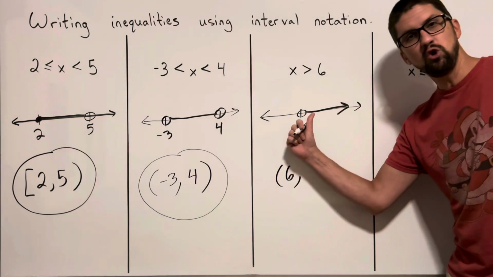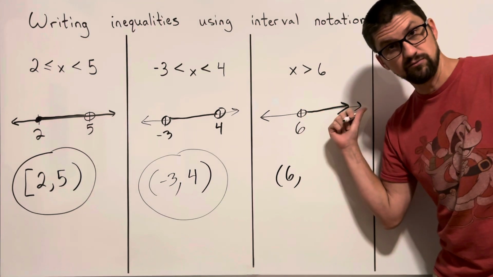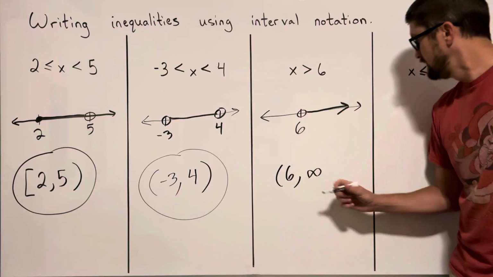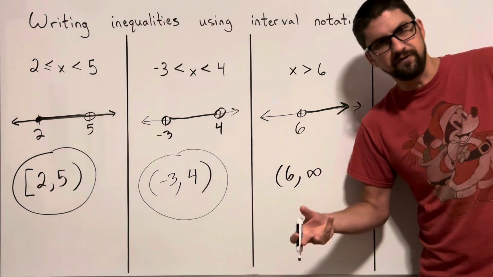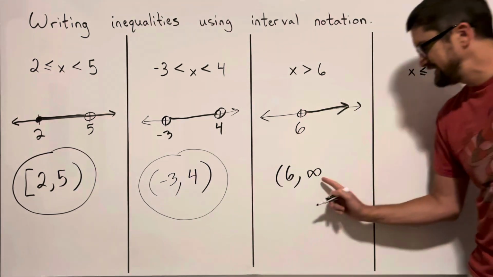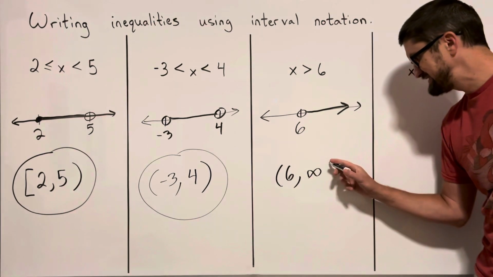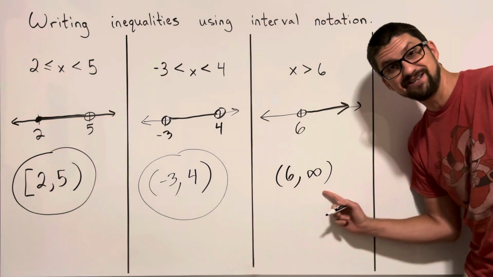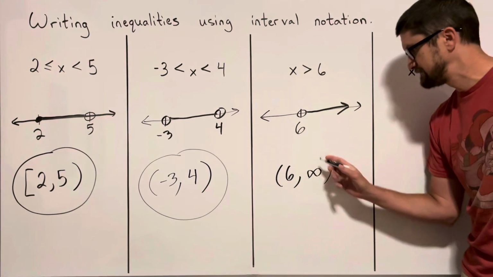And then it goes forever. So it's infinity. We're going to use the infinity symbol. It's impossible to include infinity since it goes on forever, so the infinity symbol always gets a parenthesis. So this is the interval notation of x is greater than 6.